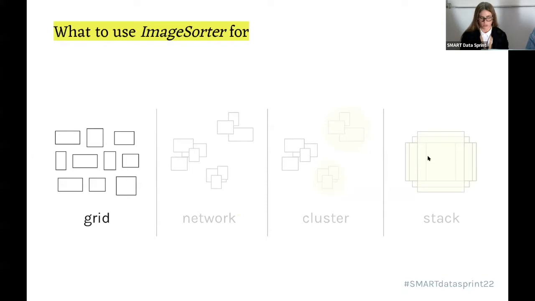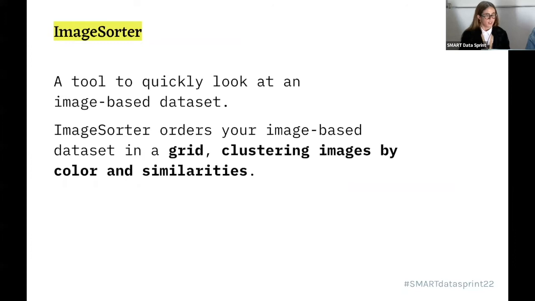Imagesorter is used in image analysis to build grids, like the first visual model we saw before. It is a very useful tool to order your collection of images into a grid, clustering images by color and similarity.